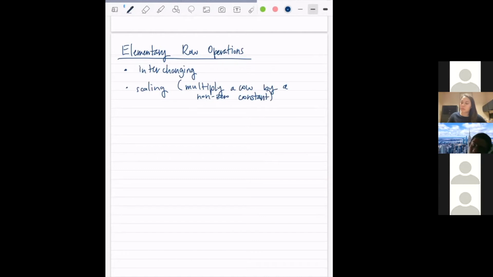Okay, and then replacement is a little bit hard to state, but we can describe it. This means that you replace a row with the sum of itself and a constant multiple of another row.